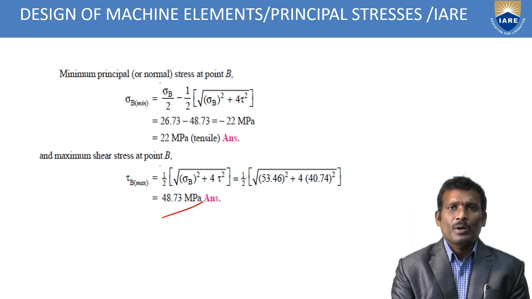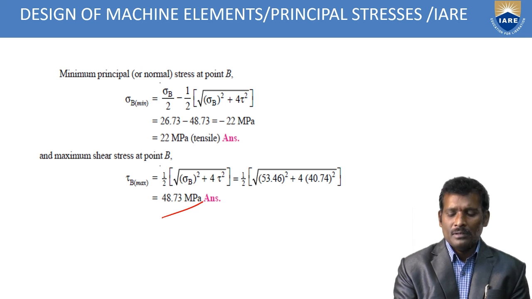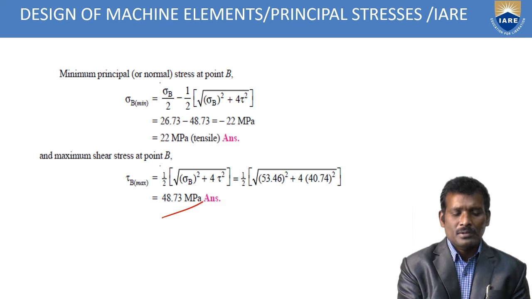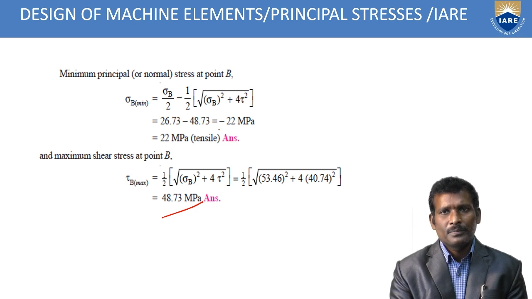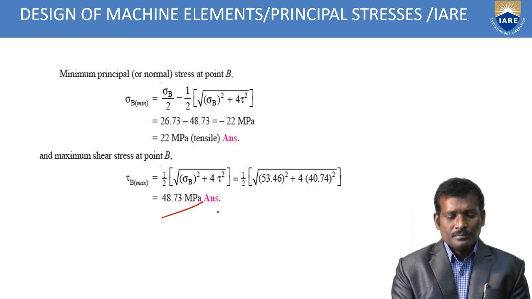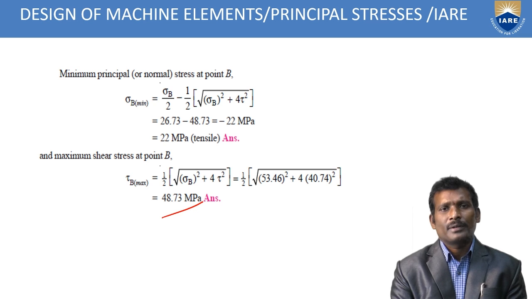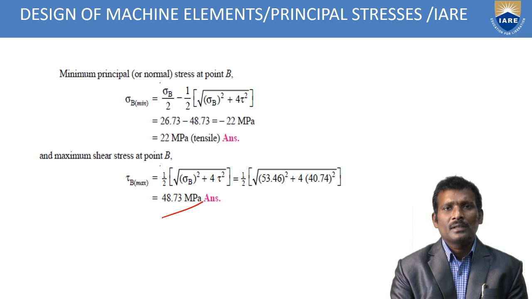See, at point B the nature of stress is compressive, so the compressive stress here needs to be substituted in this equation. Clear? And then, so we have calculated all stresses. What are the stresses acting at point A and point B? What he has asked in the problem.